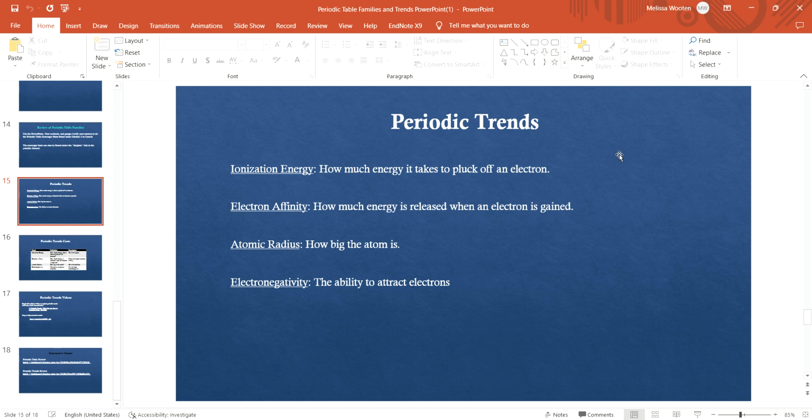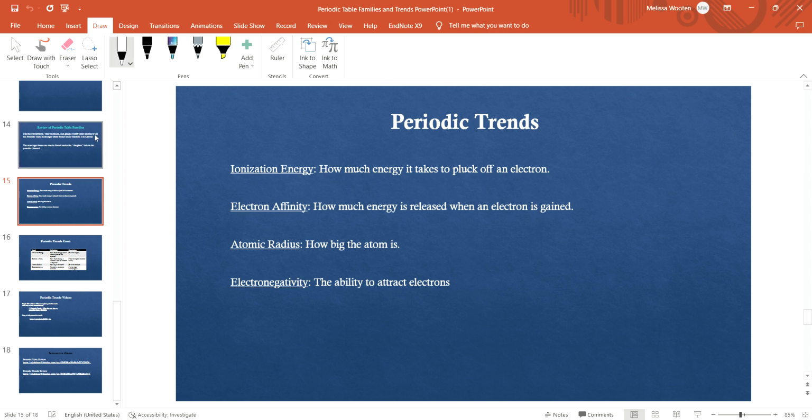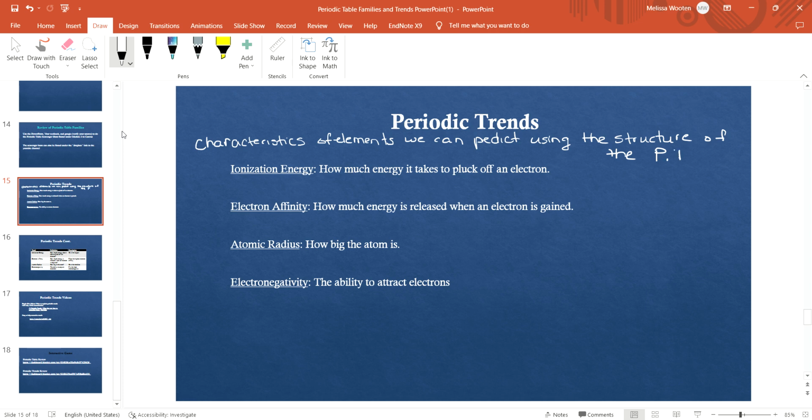Periodic trends are characteristics of elements that we can predict using the structure of the periodic table. And PT is periodic table, okay? And these are the four that you need to know.